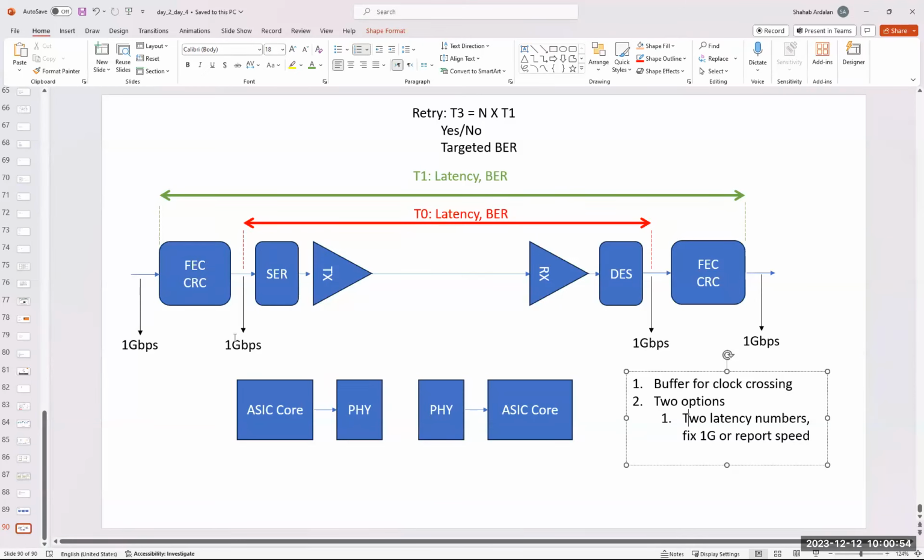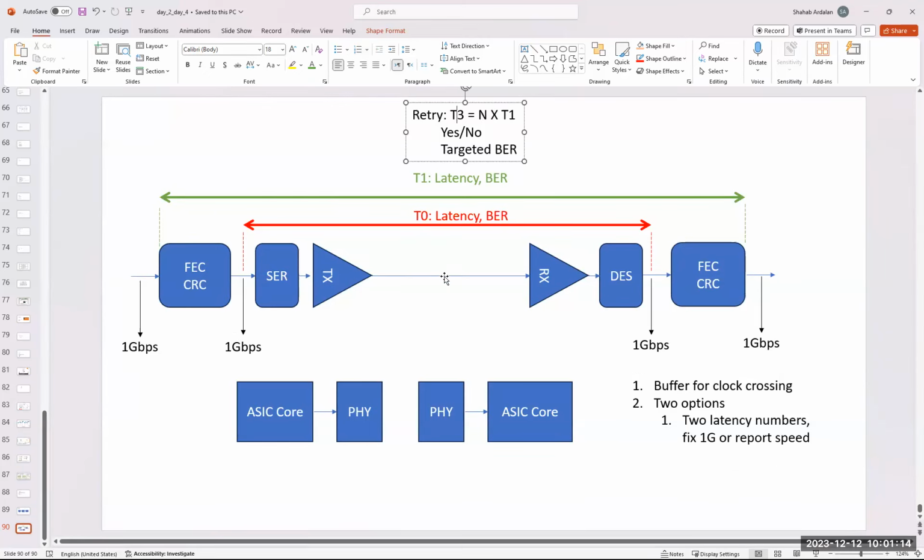I think that reporting T0 and T1 will be helpful because we all know the UCIe spec reports a quote T1 number, but it doesn't really have any CRC or FAC. So it's really the T0 number, and it frustrates ELOD immensely. So I think separating them and defining it this way will help.